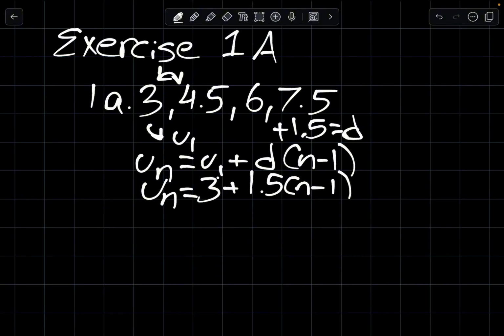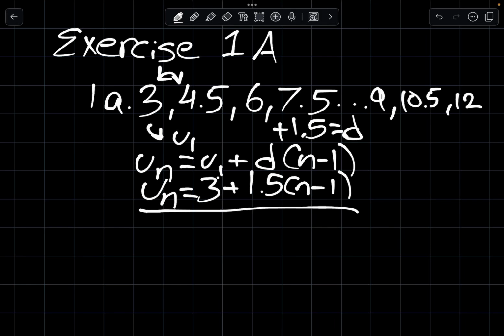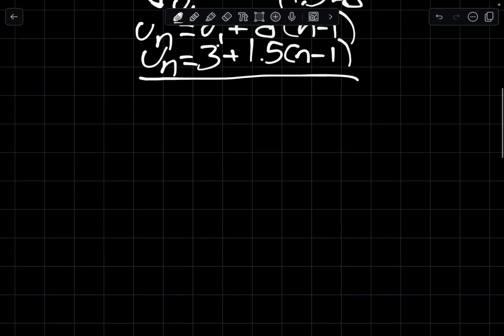So here is the solution to that. But remember, it's also asking for the next three terms, so you just gotta add 1.5 each time. So next we get 9, then 10.5, and 12, and boom. That's 1A done. Scroll down and start 1B.